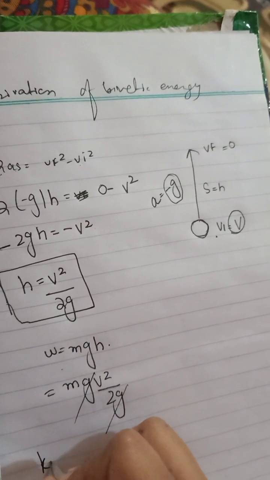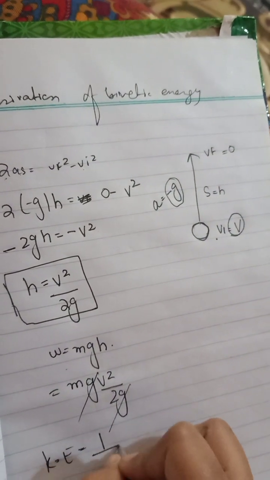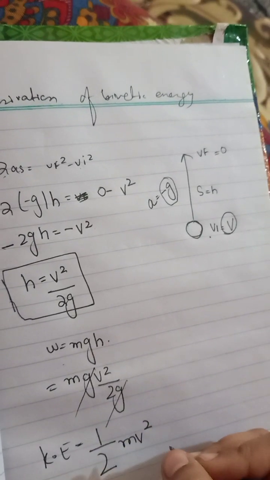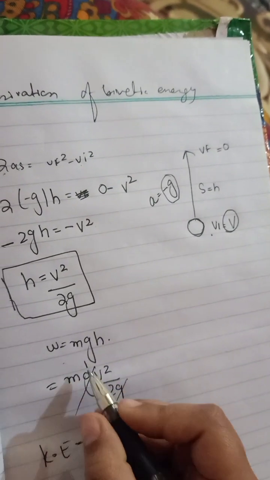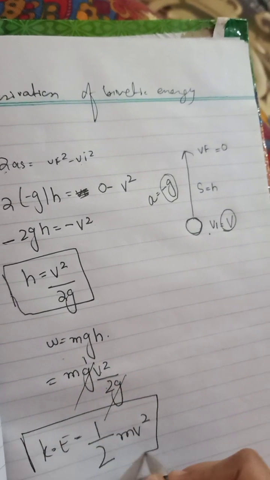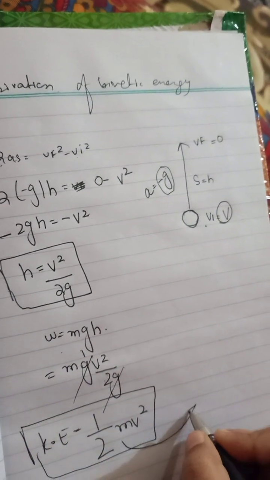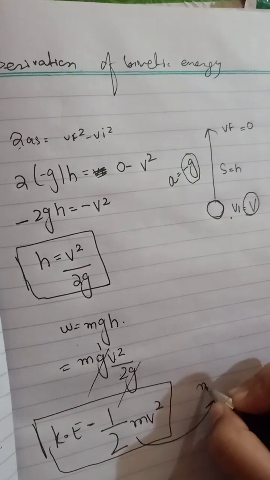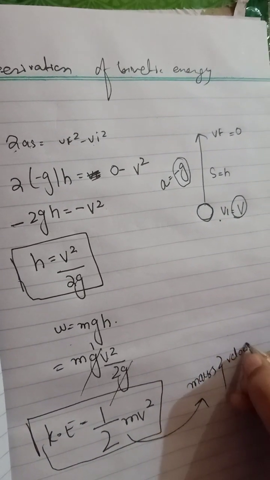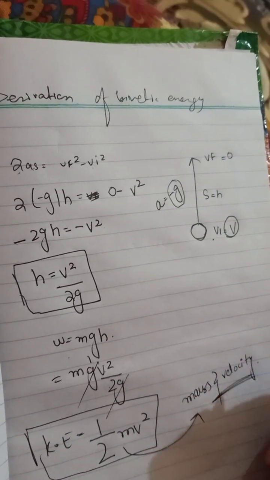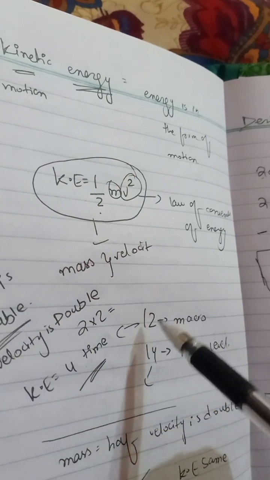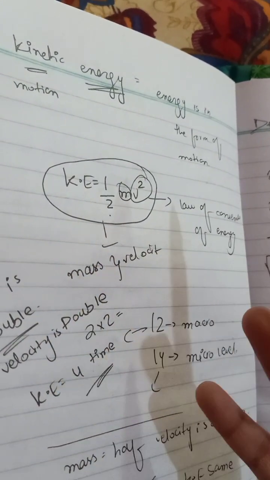So we can write the kinetic energy is equal to 1/2 mv square. This is the formula of kinetic energy, which means that kinetic energy depends upon the mass and the velocity. So this was the derivation of the kinetic energy and a little bit of explanation about what kinetic energy is.